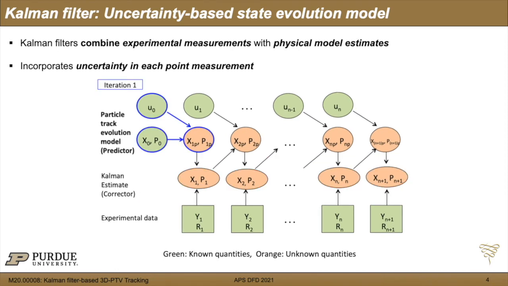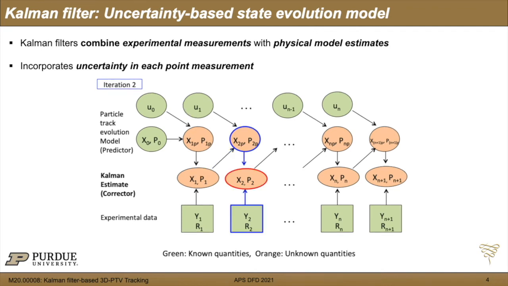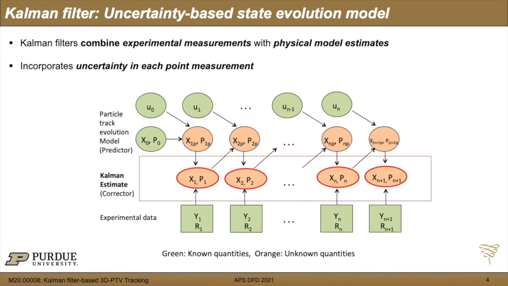At each iteration step, the model inputs are first used to obtain the model estimate, following which the prediction is combined with the measurement to obtain a state estimate. This state estimate then acts as the input to the model in the next iteration, and these iterations continue until the Kalman estimates for the whole track are obtained.